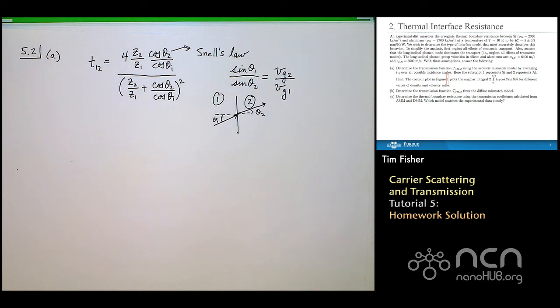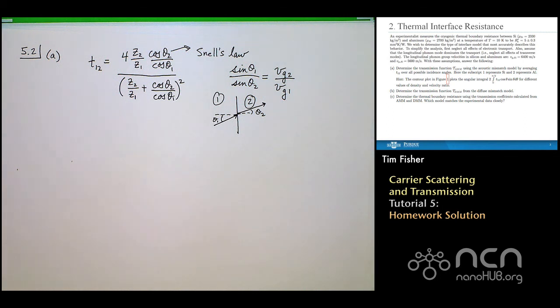And the issue with that is that, as you'll recall, when we defined the number of modes back in week 4, we said that we were essentially taking an average of the velocity in the direction of transport. And now we have a transmission that also depends on the angle with which the carrier is moving.